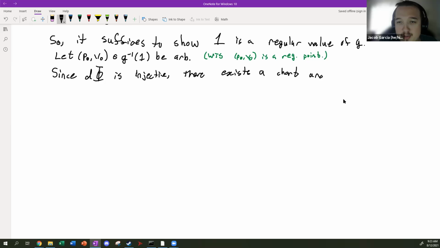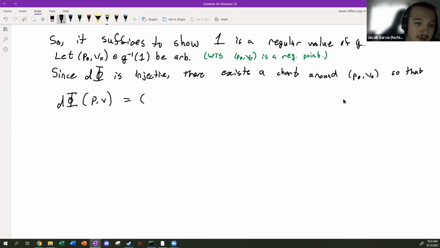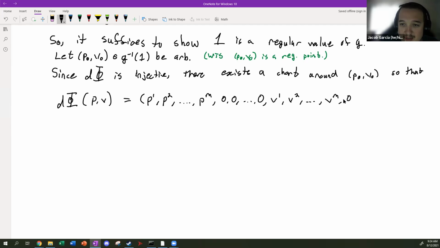There exists a chart around P naught V naught so that dV of PV is equal to P1, P2, ..., PM, 0, 0, 0, V1, V2, ..., VM, 0, 0, all the way up to 0, where here I have n minus m zeros, and here I also have n minus m zeros.